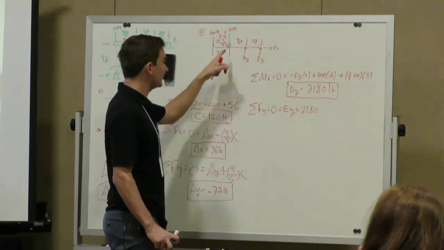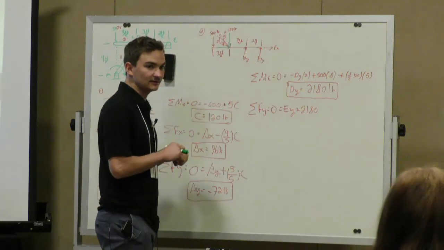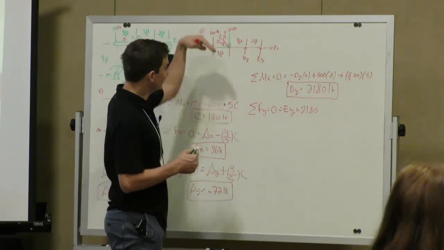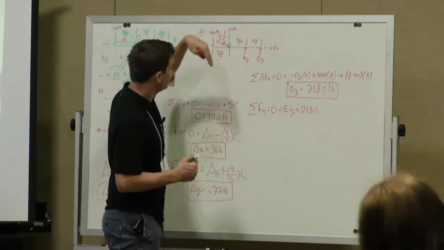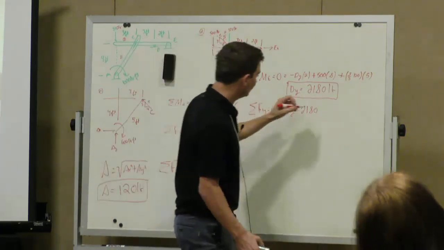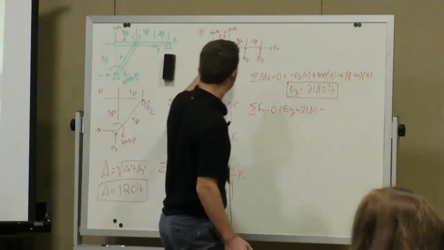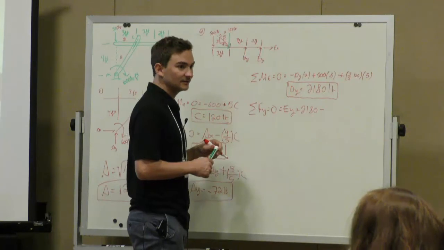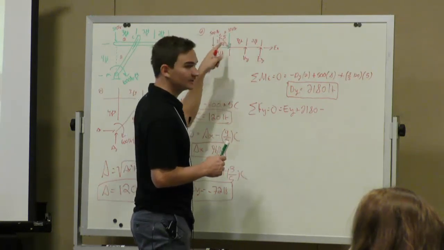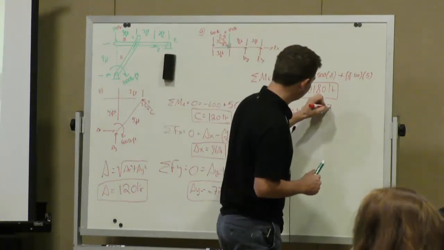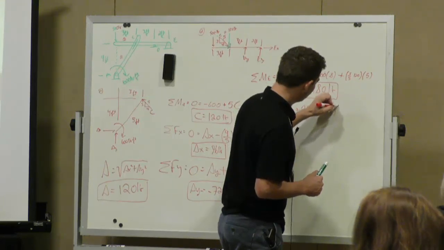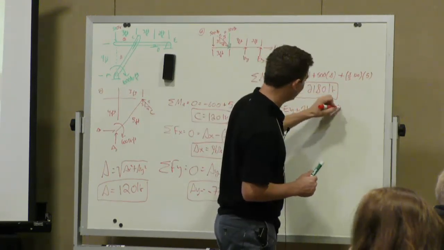Which direction is that acting? Is the projection of y downwards, because C is acting this way? Yeah, so its projection is negative. And is that 3/5 or 4/5? It's the one parallel with it, so it's 3/5, times its magnitude of 120.